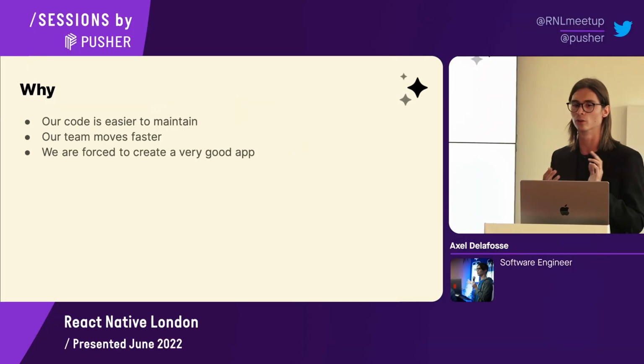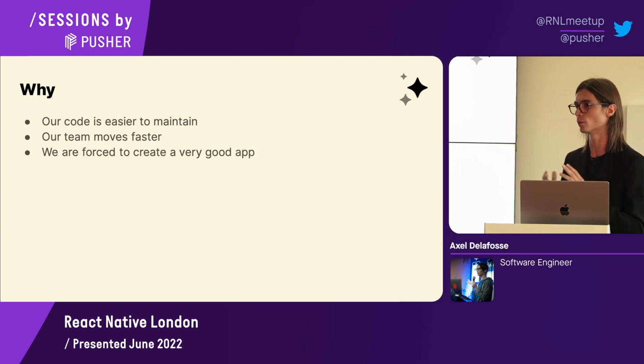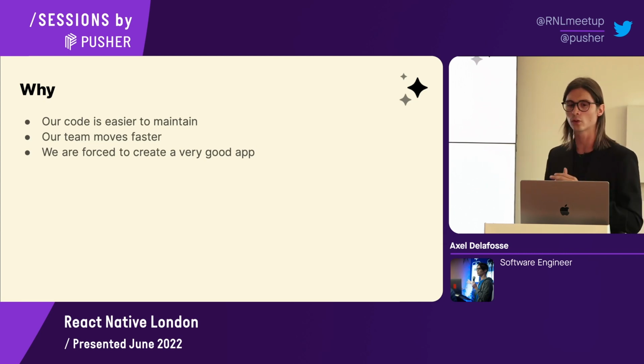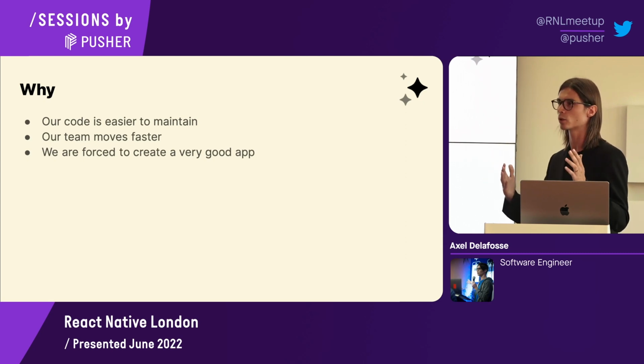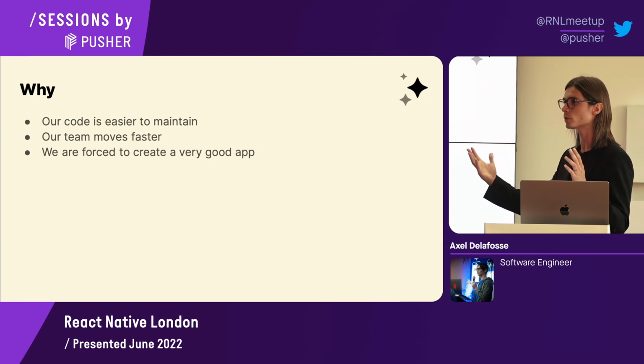And what I mean by a very good app is that you need to think about all your components in a way that works on all the platforms, that actually respects the platform differences, and also all the screen sizes. So if you have an app that works really well on mobile, how does it work on a tablet, and how does it work on responsive?